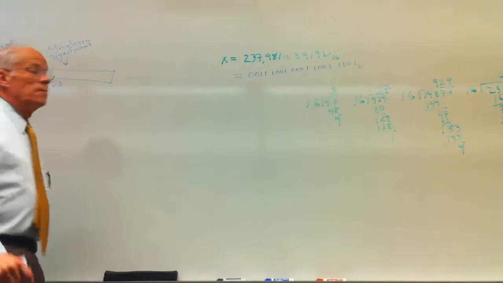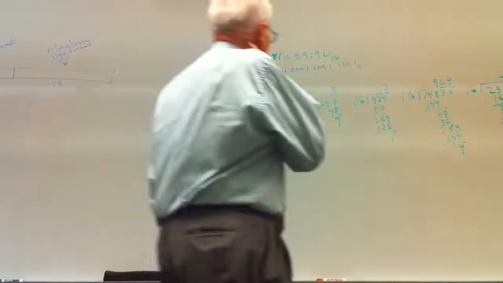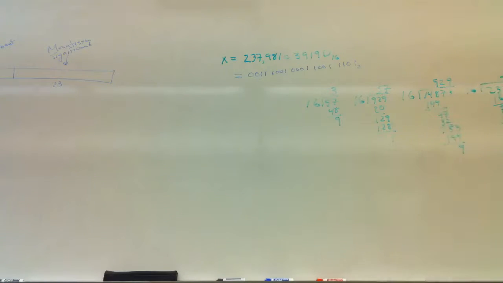Really quick, I just did it on a calculator, and it's 3A19B. 3A. Yeah. We're just learning how to do it. Let's see here. The number is 237981.